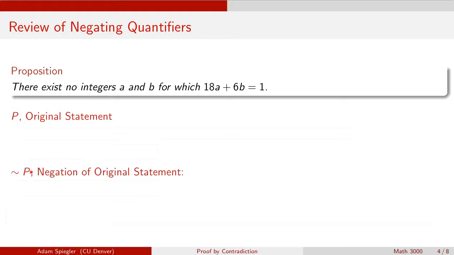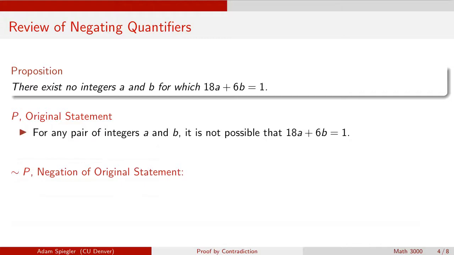So how do we even figure out what this negation of p is? This is where the symbols might come in handy. We can restate this as a for all statement. For any pair of integers a and b, it is not possible that 18a plus 6b is equal to 1.